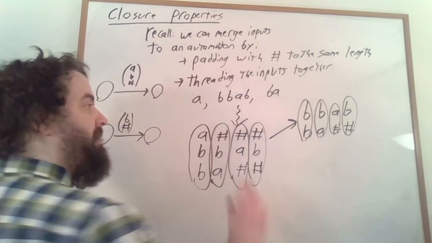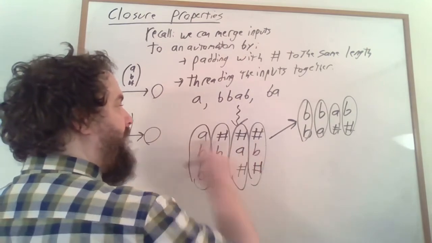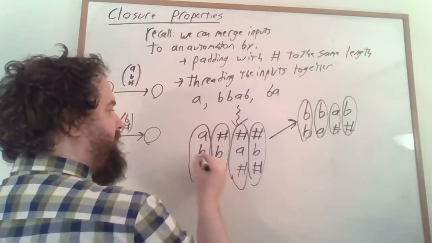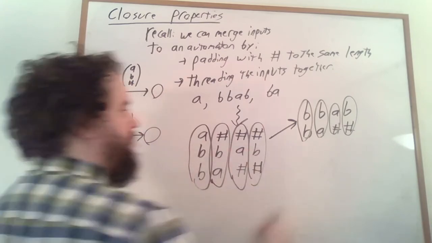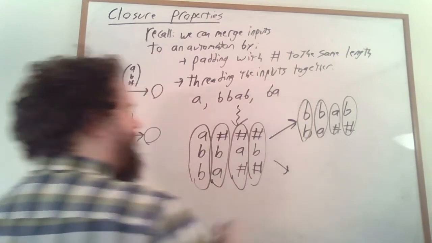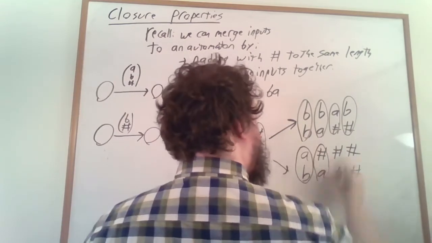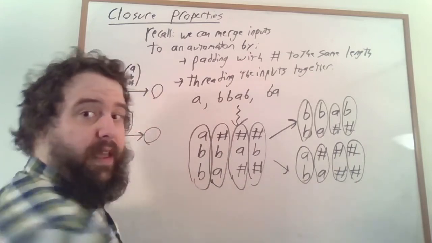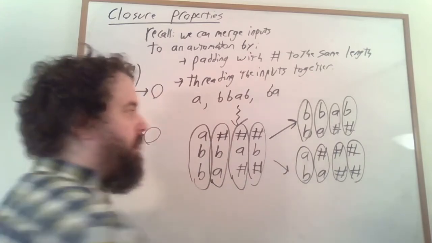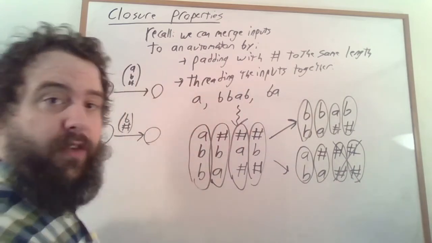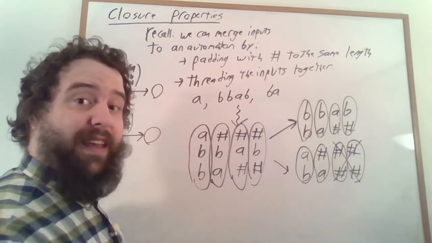Suppose that instead of forgetting the first character of this tuple, we instead wanted to forget the second character of the tuple. Instead of turning that into this tuple here, I'm actually going to want to get rid of these last two characters. And I'm going to want to do that for everything in the language.